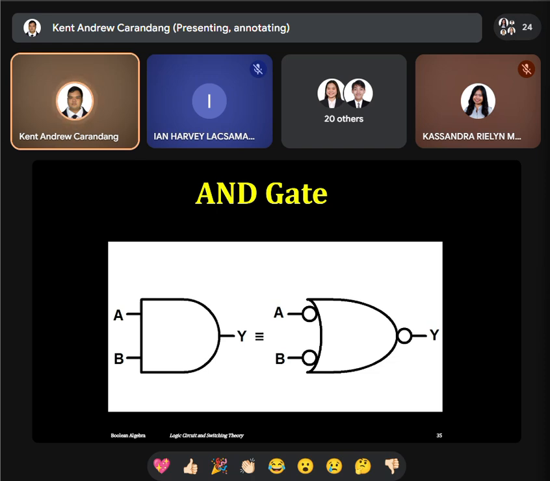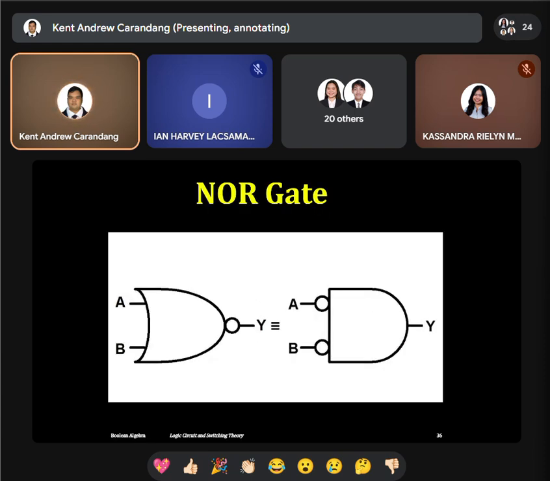If it is an AND gate, it is equivalent to the OR gate having bubbles on both of the inputs and also on the output. Next.